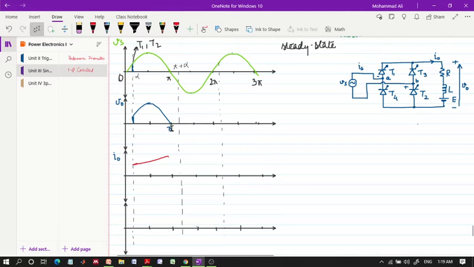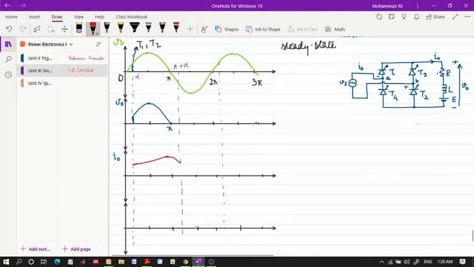So until we turn on T3 and T4, T1 and T2 will conduct through the load. Okay, and in this time the current should fall a bit. It will come like this. Sorry, it will come like this.